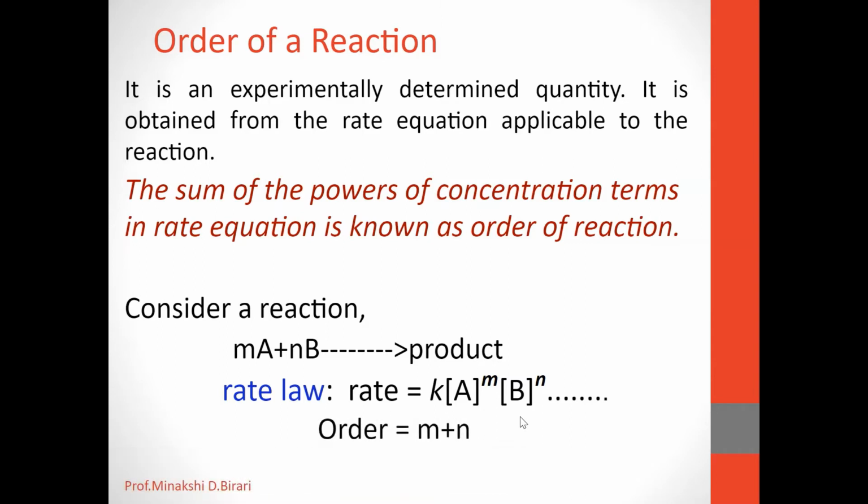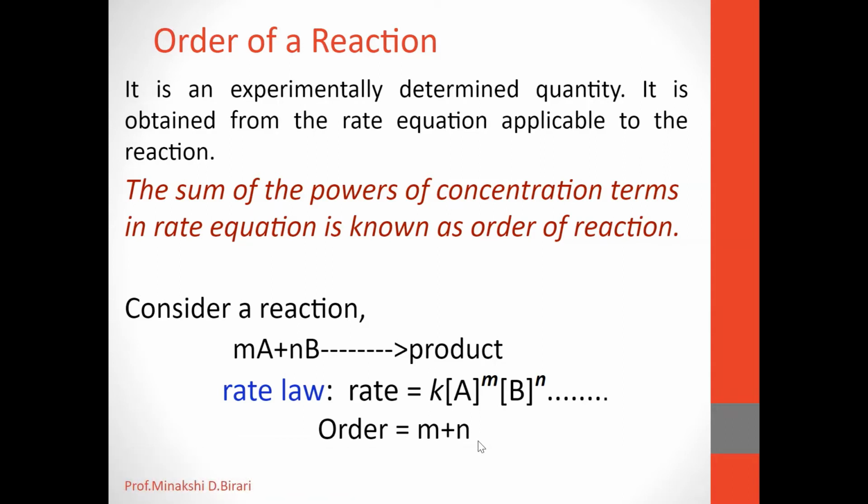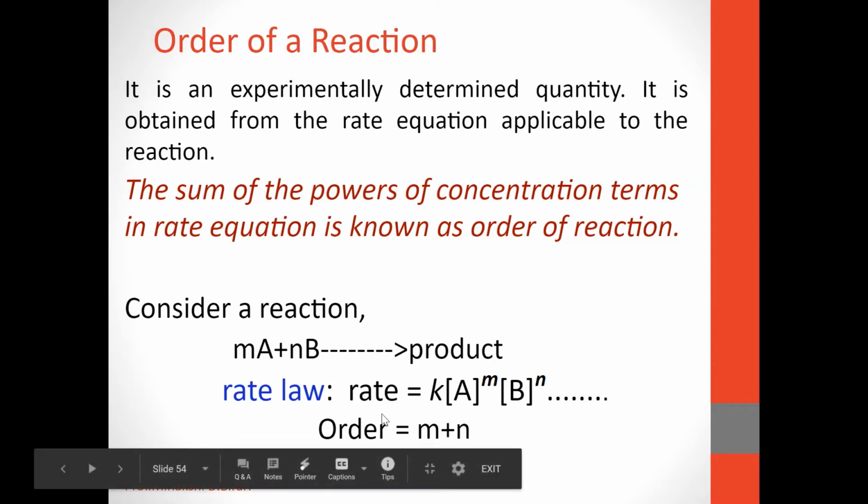Therefore, the order of this reaction will be m plus n. That means the sum of the powers of concentration terms in the rate equation is called the order of a reaction.